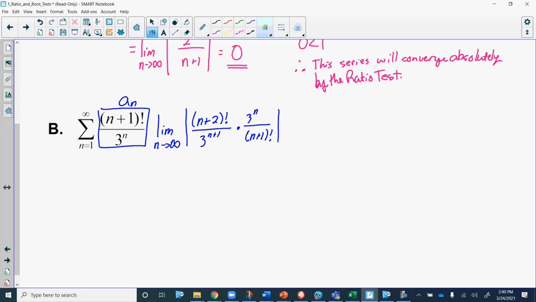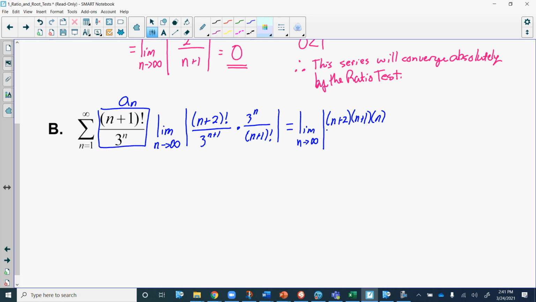And we'll use the properties of factorials to simplify the n plus 2 factorial as well as the n plus 1 factorial. So this will give us the limit as n approaches infinity. So n plus 2 factorial, according to the properties of factorials, can be expanded to say n plus 2 times n plus 1 times n factorial.